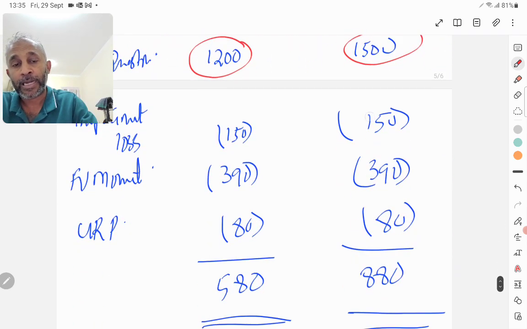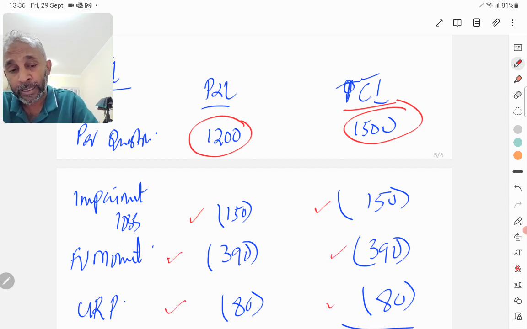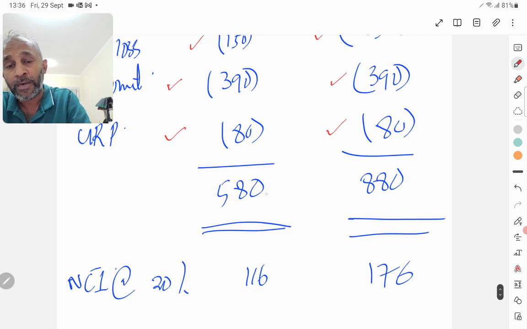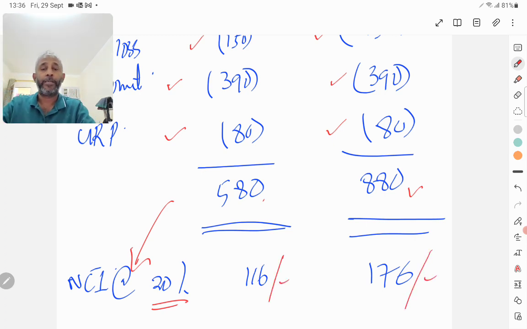So I start with that, and then I take all the applicable adjustments. Impairment 150, which is applicable to both. Fair value movement 390 applicable to both, and unrealized profit 80 applicable to both. So the net answer is 580 after all these adjustments, and 880. Applicable NCI is 20%, so accordingly 116 and 176.